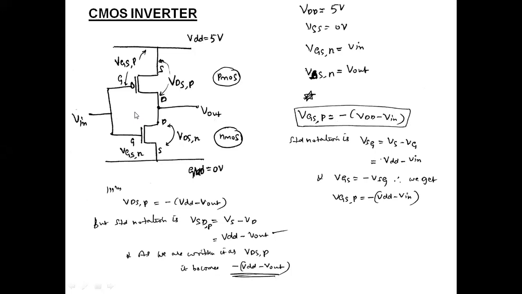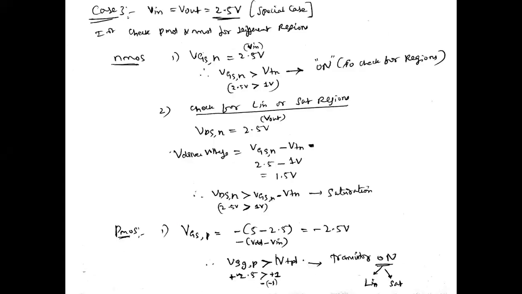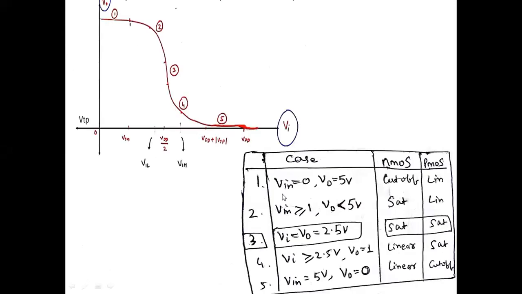This can be seen here if I look at the graph. Here it is. So VIN is equal to V out at exactly 2.5 volts, and in region number 3 we have the transition from high to low. So we have this VDD by 2 region.